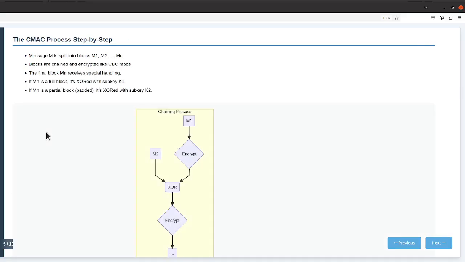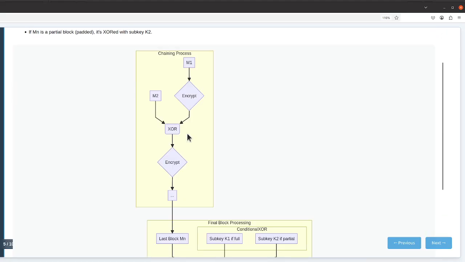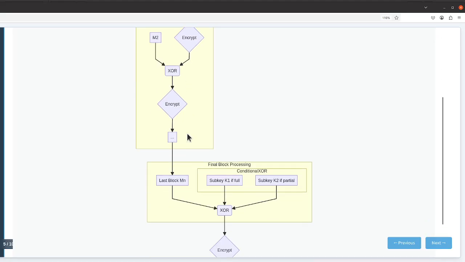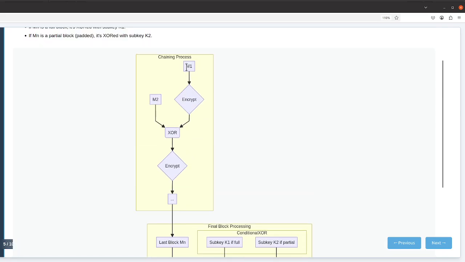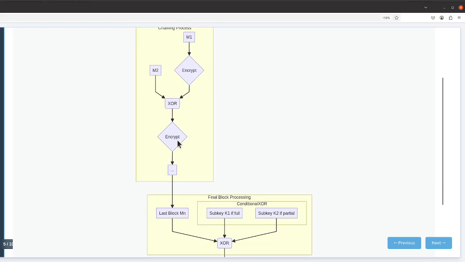The CMAC process step by step. Let's walk through the full CMAC process step by step to see how all the pieces fit together. First, as we discussed, the two subkeys, K1 and K2, are generated from the main secret key, K. Next, the message is divided into blocks, M1, M2, and so on, up to the last block, Mn.